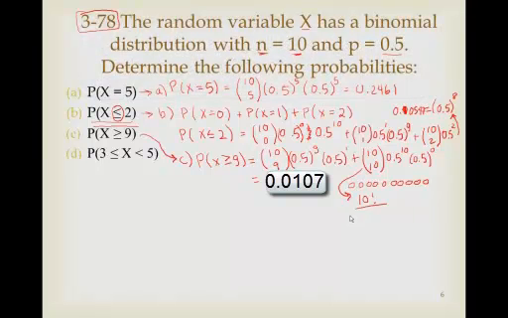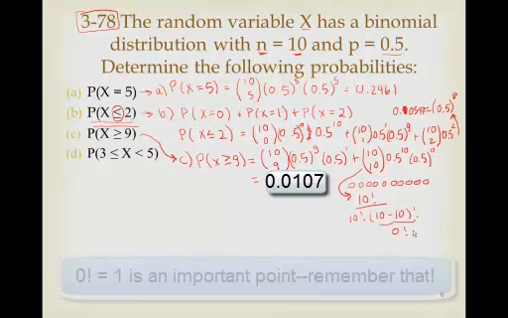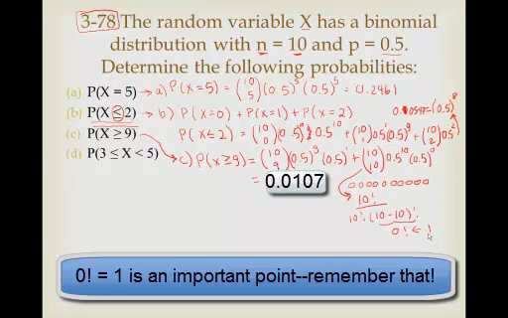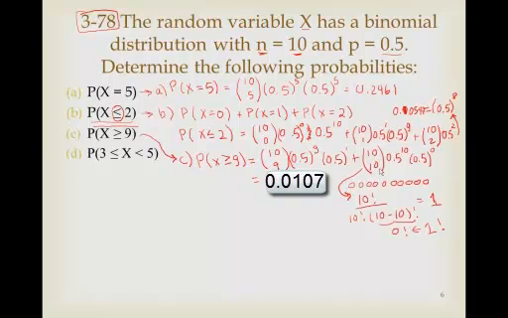R is 10, so it's 10 factorial over 10 minus 10 factorial. Well, that's 0 factorial. By definition, 0 factorial is always equal to 1. So it's 10 factorial divided by 10 factorial, so there's only one way to do it. So whenever you see 5 choose 5, 8 choose 8, 195 choose 195, whatever that is, you always know it's 1. That's a handy thing to know.